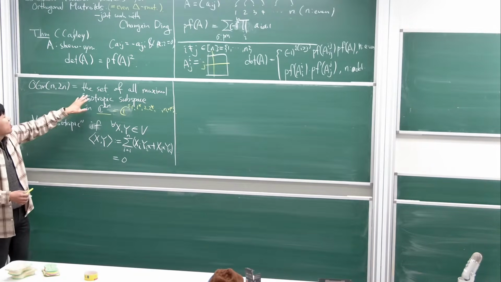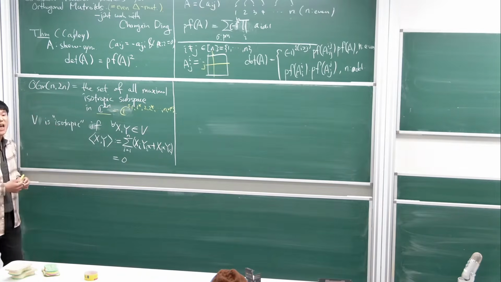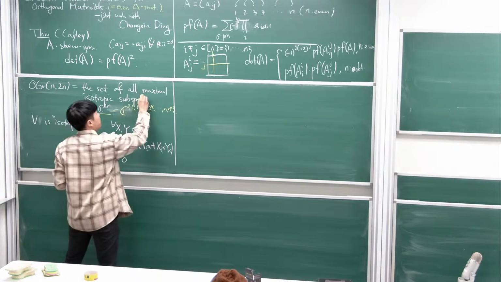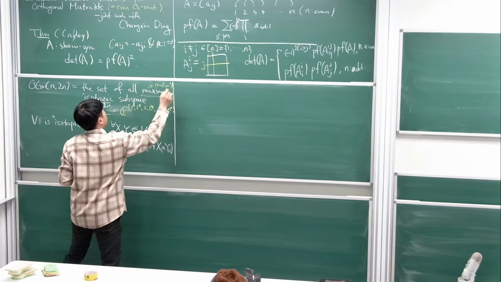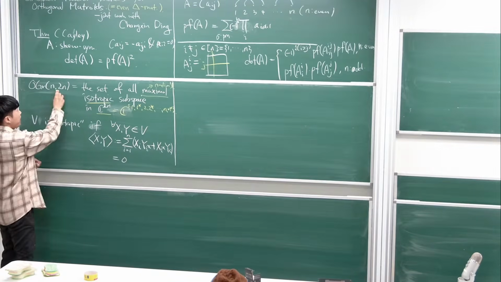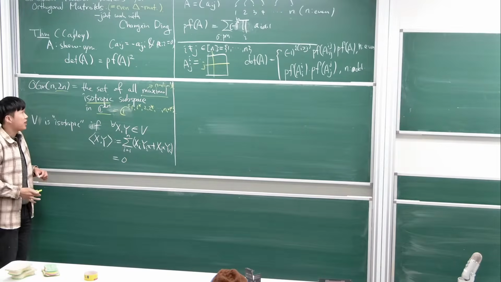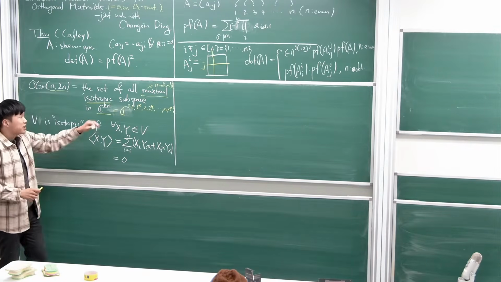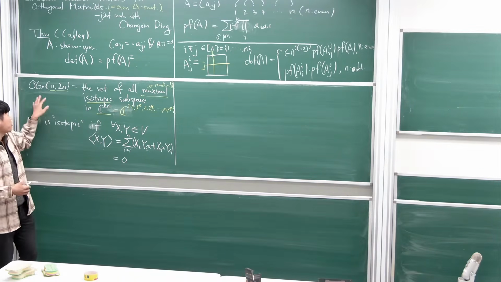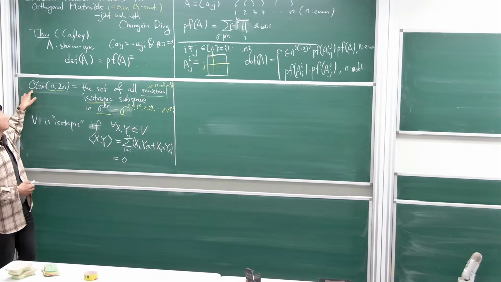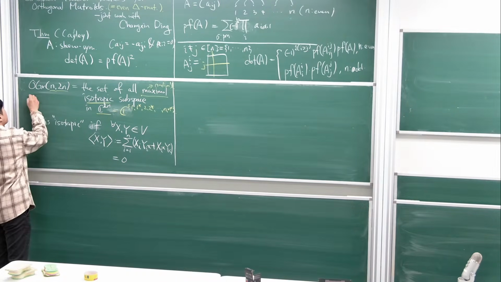What we know is that any maximal isotropic subspace in here is n-dimensional. The 2n indicates that this lies in the 2n-dimensional ambient space, and the n indicates that it is an n-dimensional vector space satisfying a certain condition. The O stands for orthogonal. This is called the orthogonal Grassmannian.